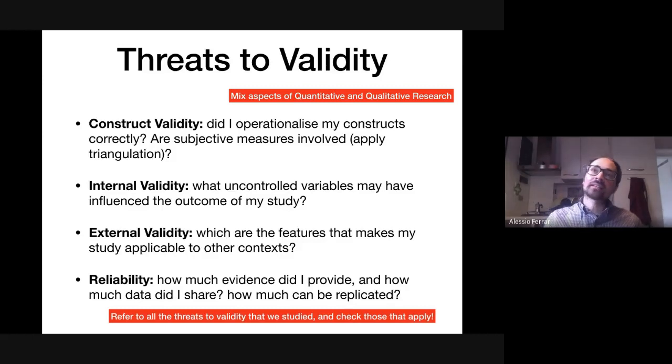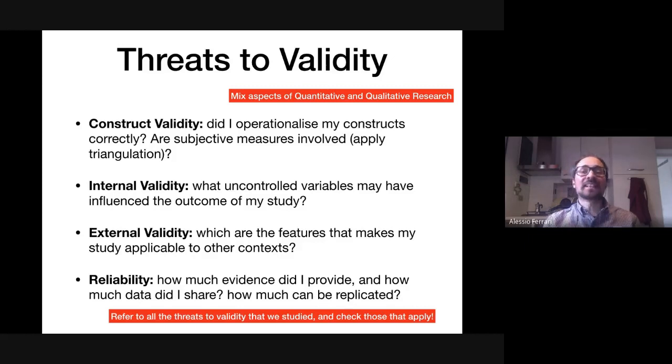So in this case, evidence is related to what we discussed in qualitative studies, because we are dealing also with qualitative data, and we want to show that there is a clear link between the constructs and the data that I measured, and between the measures, the analysis that I made, and the conclusions, the results that I provided in relation to research questions.